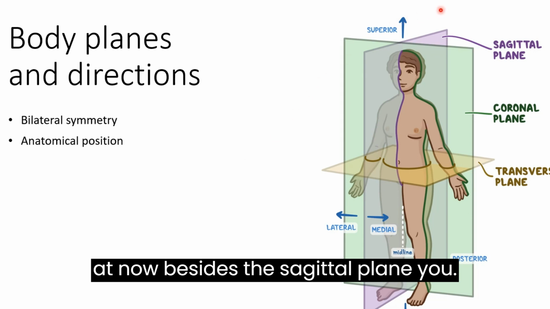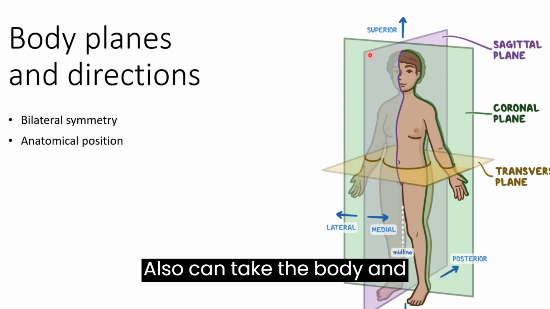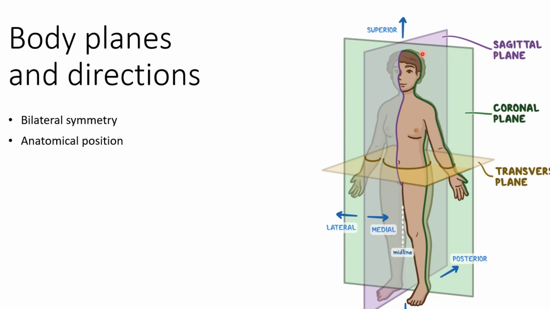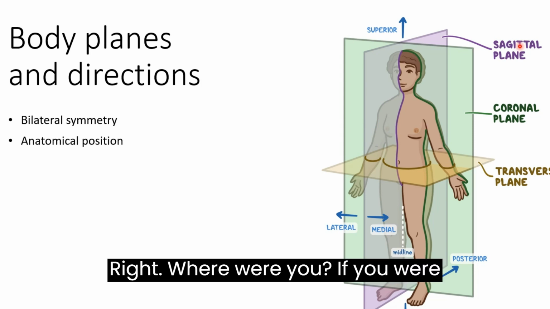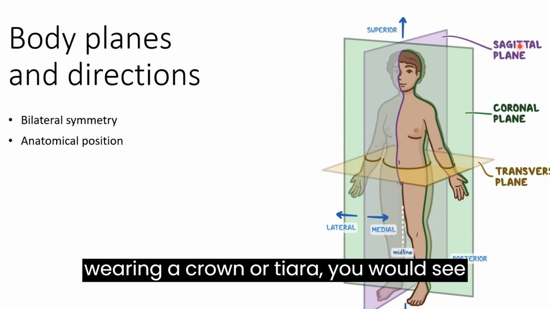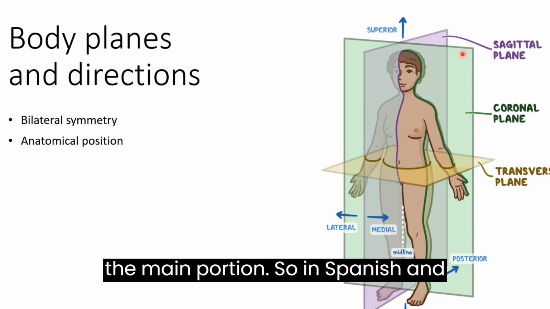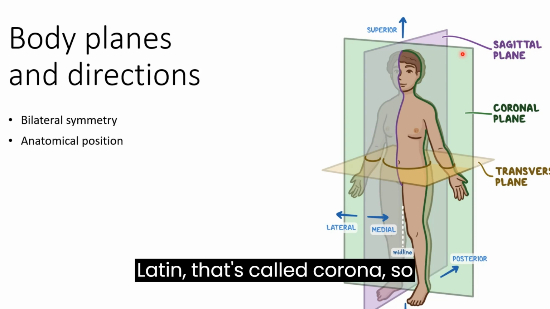Now, besides the sagittal plane, you also can take the body and draw a line right over the skull, the head, right where you would have, if you were wearing a crown or tiara, you would see the main portion. So in Spanish and Latin, that's called corona.